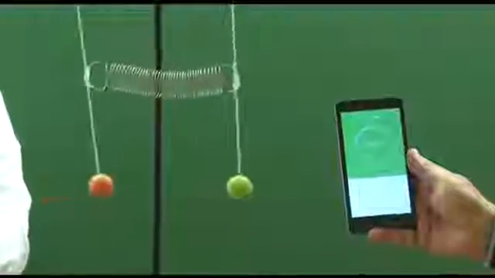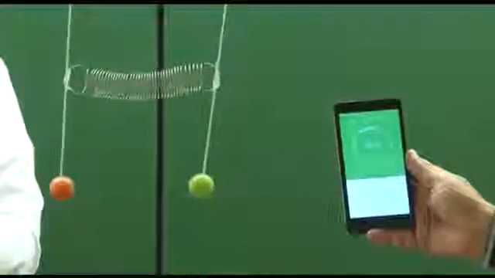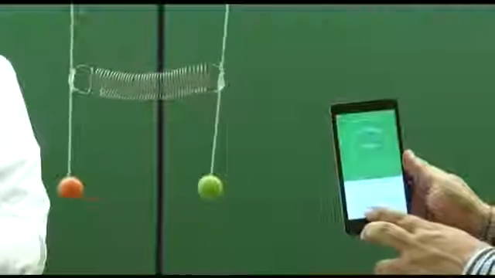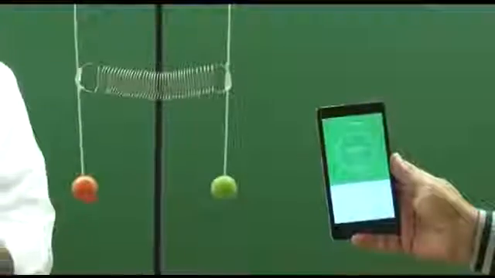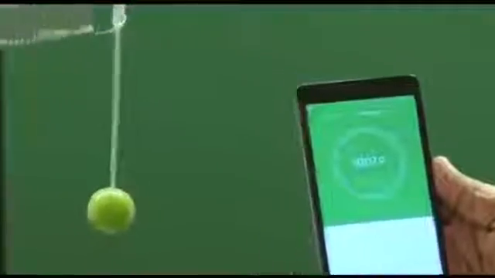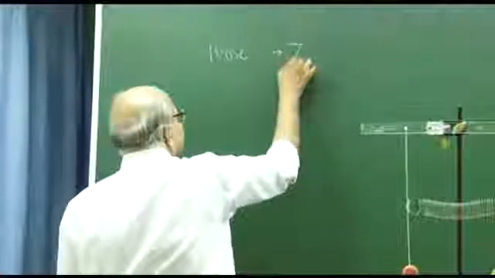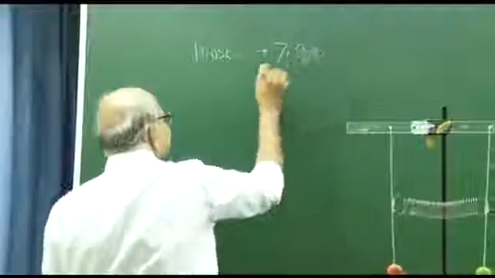Start. Okay. So, what is the time? 7.9 seconds. All right. So, the time for 10 oscillations is 7.9 seconds.